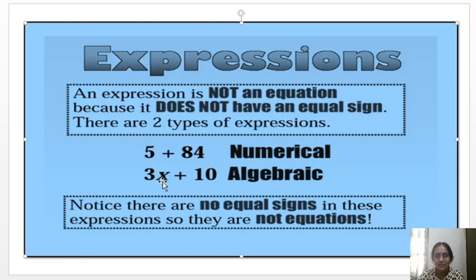The second expression consists of variable x here. So we will name this kind of expression which consists of variables as an algebraic expression. It does not consist of two expressions, and also does not consist of an equal sign. They are just called expressions. Please note that they are not equations because they do not contain an equal sign.